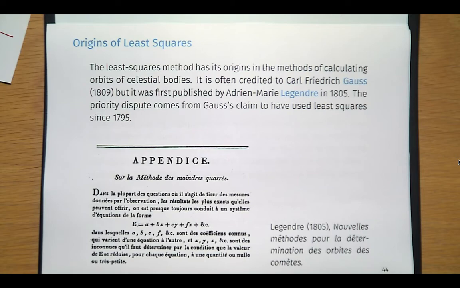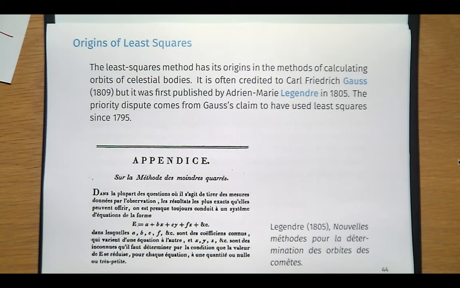And what he did is he wrote a little appendix to a paper he was doing about predicting the movement of celestial bodies. So he's looking at comets and other bodies and trying to predict where they will be in space.